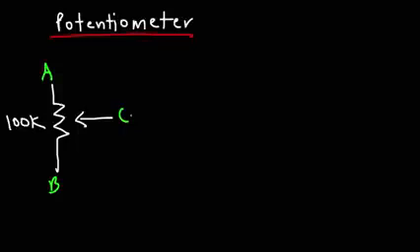If C is at the middle of A and B, the resistance between A and C will be 50K. The resistance between B and C will be 50K. But the resistance between A and B is always 100K, and that's important.